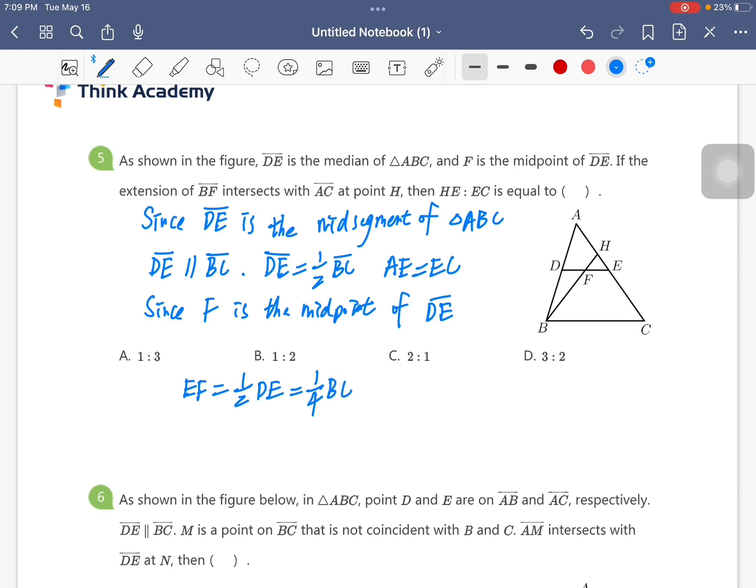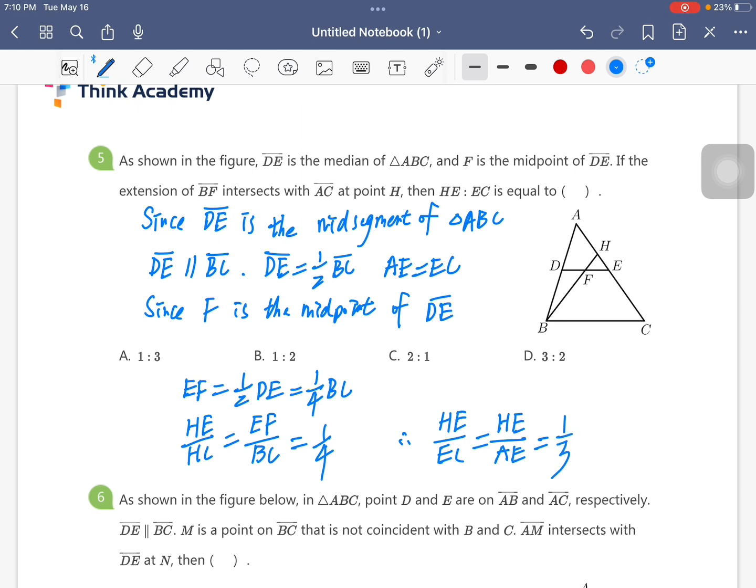And so we have HE over HC equals EF over BC, which is 1/4, and therefore we have HE over EC equals HE over AE, which would be 1/3. So choice A.